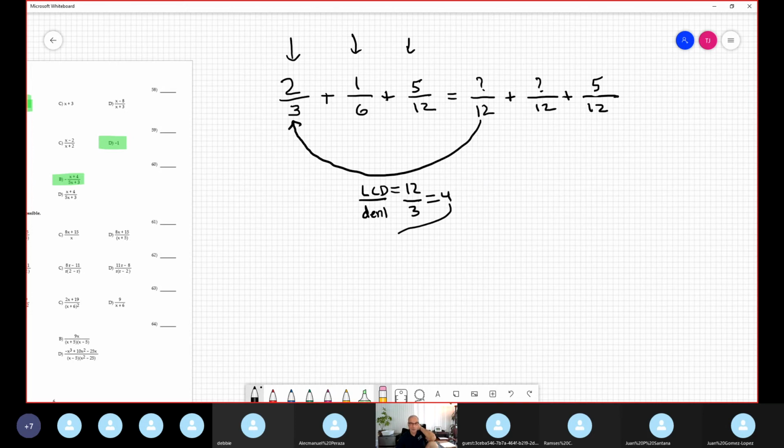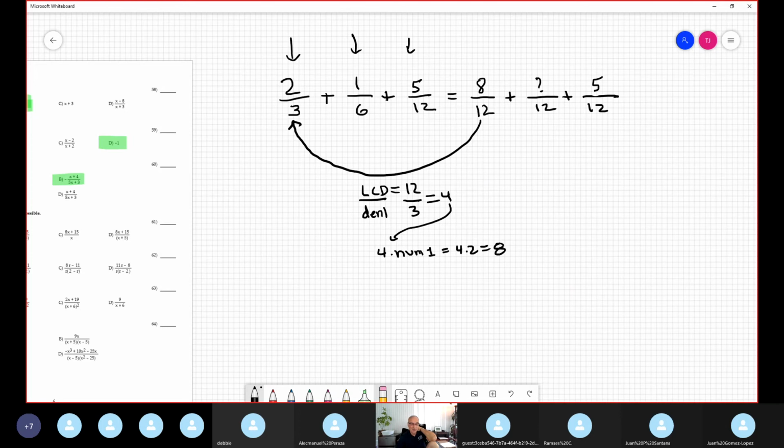And this 4 is multiplied by the corresponding numerator in the same fraction, which in our case is 2. So 4 times 2 is 8. Bam, I replace the question mark with 8. Okay, guys, this is super easy.